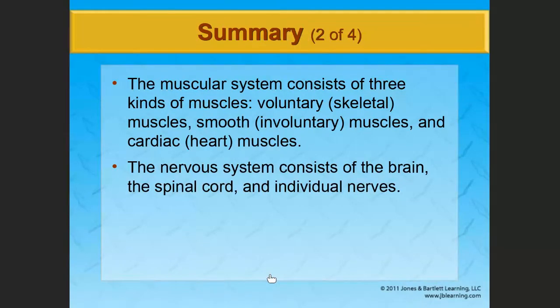The nervous system consists of the brain, the spinal cord, and the individual nerves. And there's a portion of the nervous system that is responsible for voluntary function, meaning there is direct control from the brain.